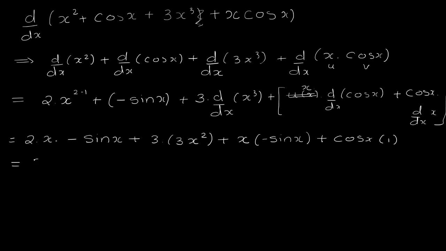So if we just simplify, it comes out to be 2x minus sine x plus 9x square minus x into sine of x plus cos of x. Okay, so this is how we solve, or this is how we use the derivatives.